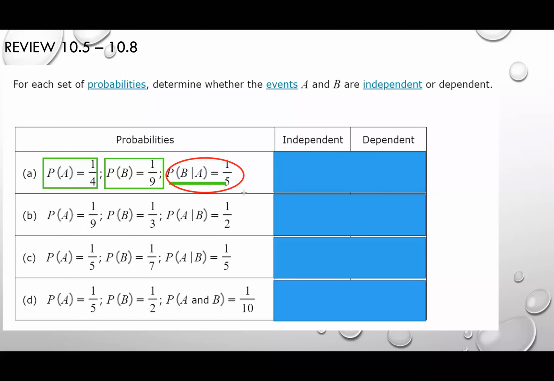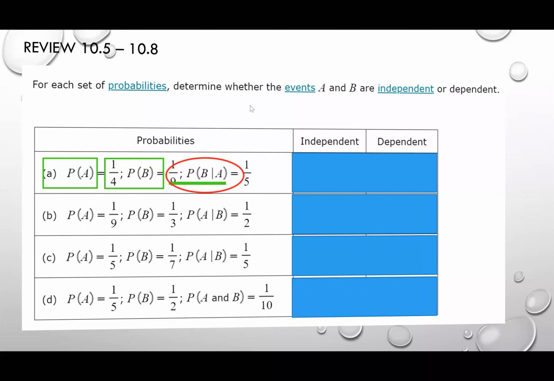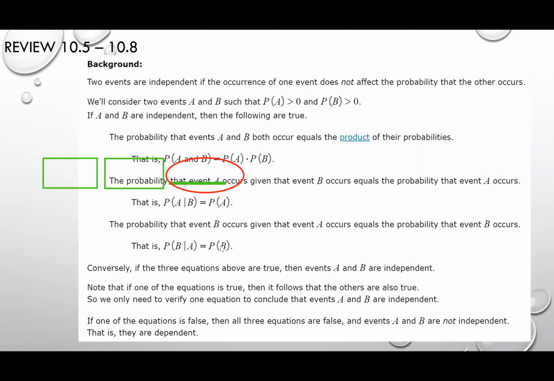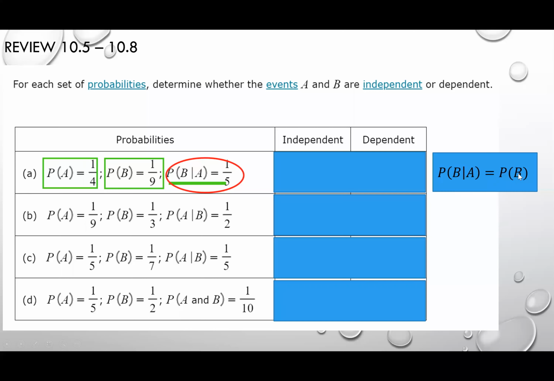If you remember on the previous slide, B given A has to be equal to B. If this happens, then they are independent. Meaning we don't care about this other item here, ladies and gentlemen.